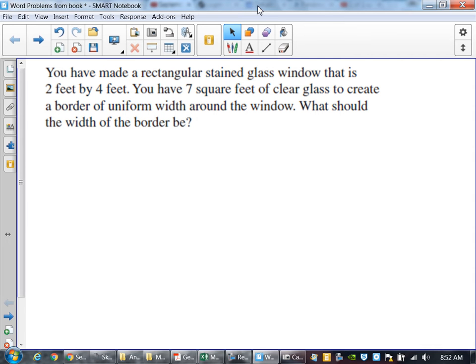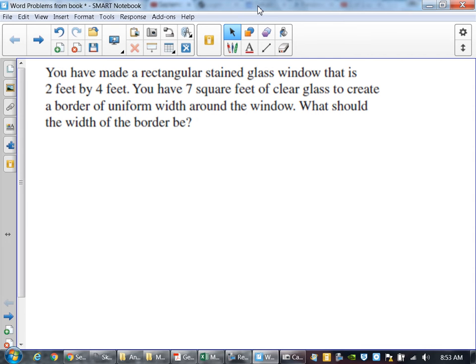So, what I want to do is get an idea. Draw on the window. Do some work.